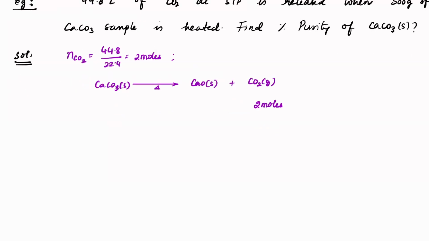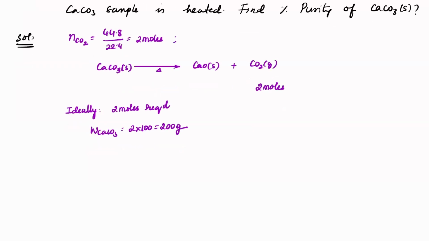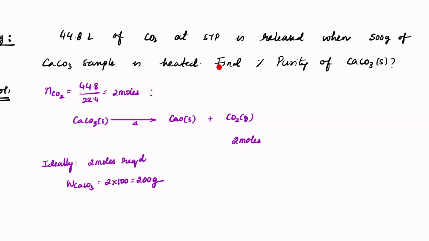So I can write ideally 2 moles of calcium carbonate is required. Which means what is the weight of calcium carbonate? It is 2 into 100, which is the molar mass of calcium carbonate, makes it 200 grams. So ideally we require only 200 grams. But how much is the sample weight that we are giving? 500 grams.